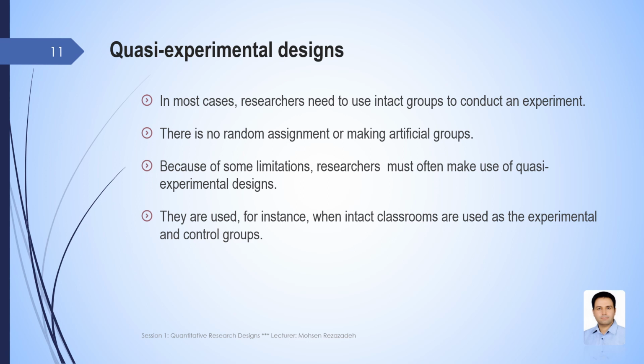Mostly in quasi-experimental design, we don't have random assignment of students to different classes. Thus, in some cases where it is not practical or possible to have complete control over the subjects, we use quasi-experimental designs.